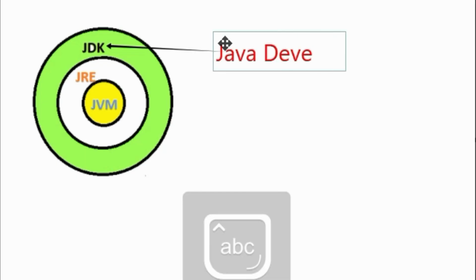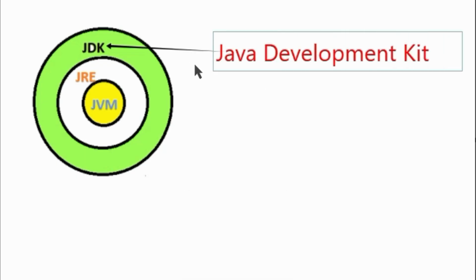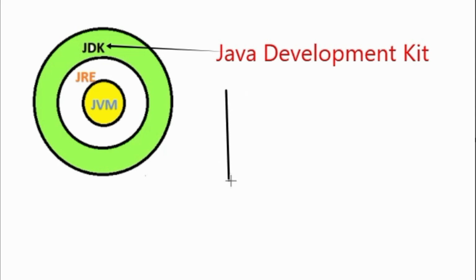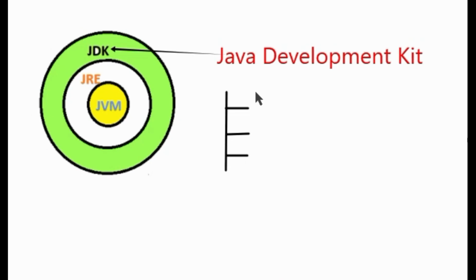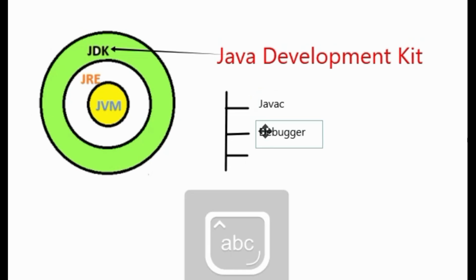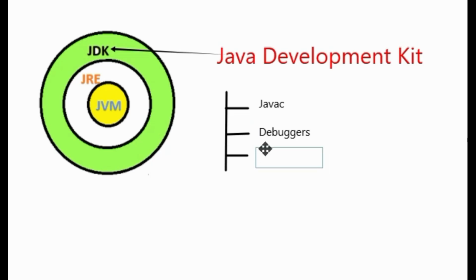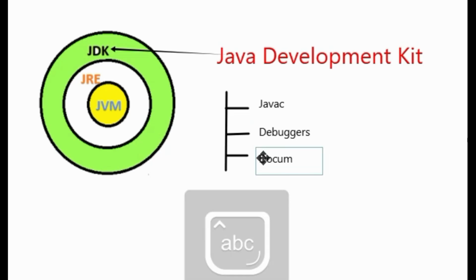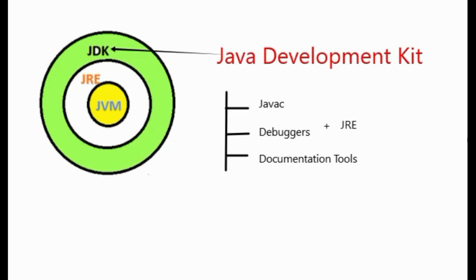JDK means Java Development Kit. This is for developers you can download when you want to write Java code. Inside JDK includes javac, debuggers, documentation tools, and most importantly, you get the JRE inside it.